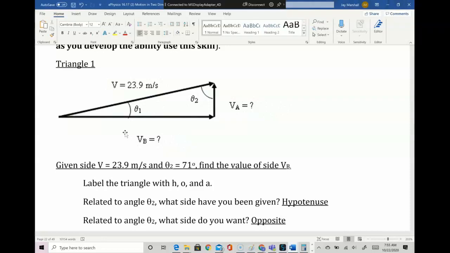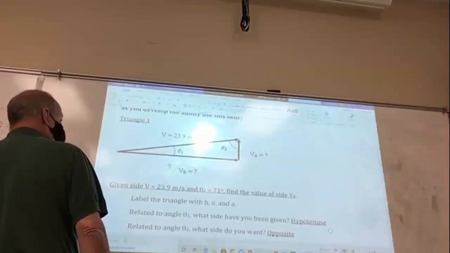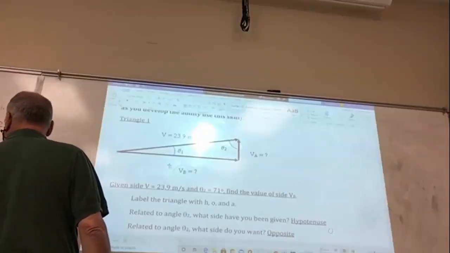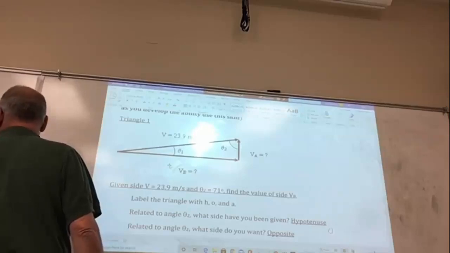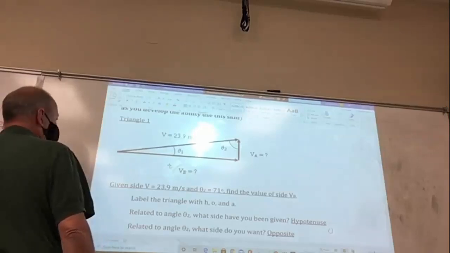Okay? So, I'm going to write this triangle out over here again. And that's VA, and that's VB, just so I can walk through the questions. V equals 23.9.